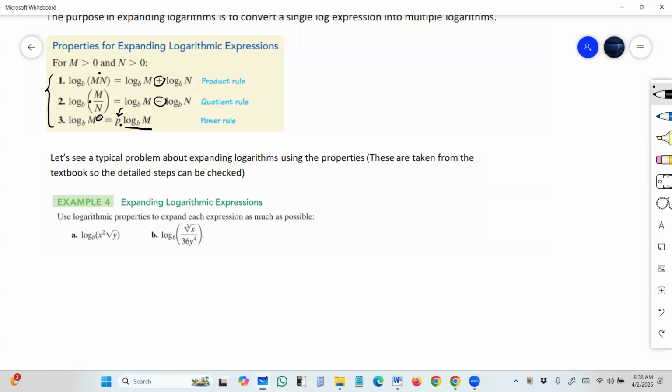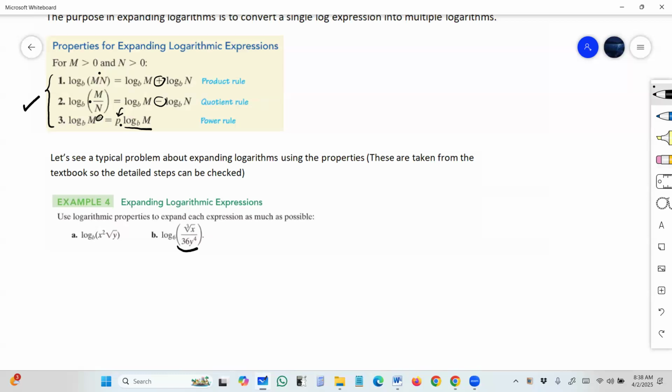I am given a log of a single expression, as you can see here in both cases, and our goal is to apply these properties, either the product, the quotient, or the power property, and expand the log so that at the end, I am left with multiple log expressions, two or more. All right, so let's do that.